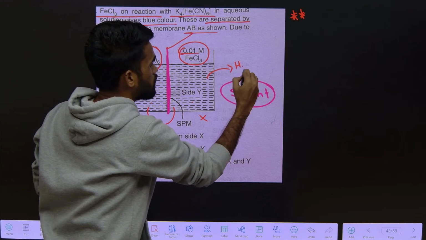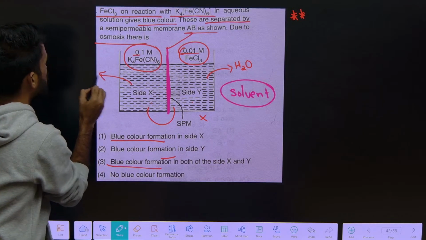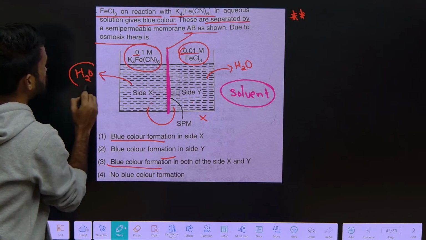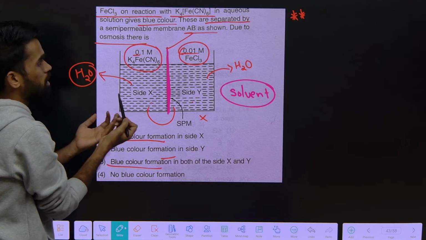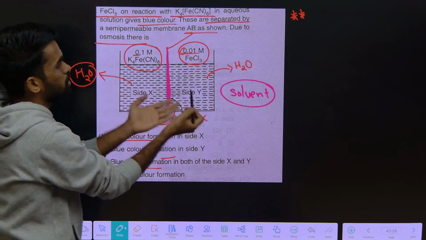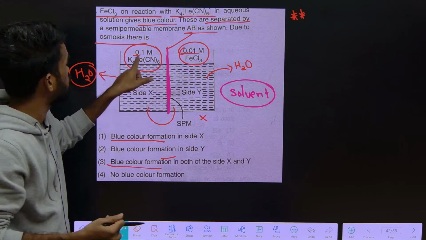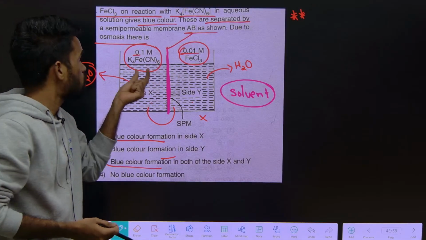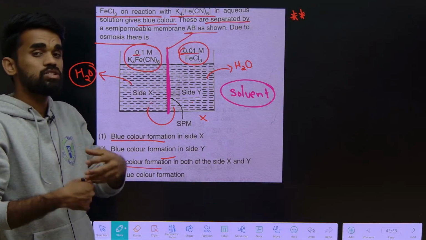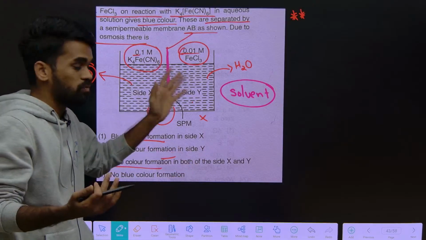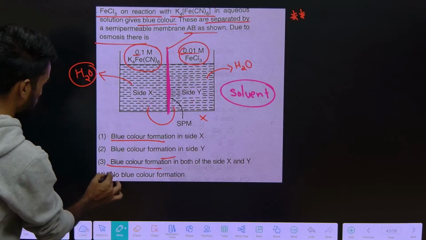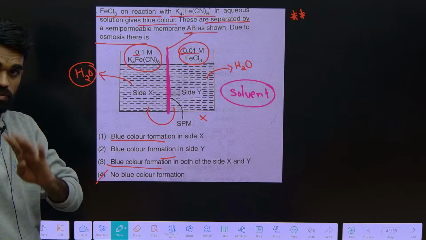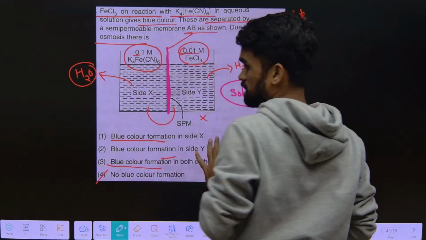It means only water molecules may move from one side to the other. There is no movement of solute iron particles or complex particles, therefore there is no blue color formation in either compartment. Therefore the fourth option will be the perfect answer for the question.